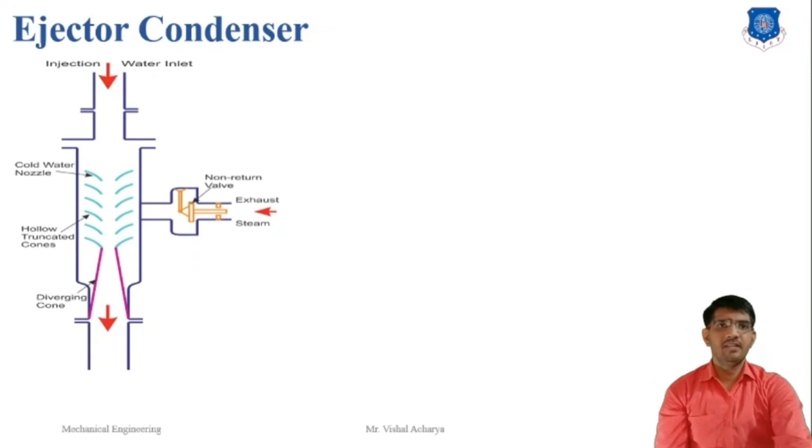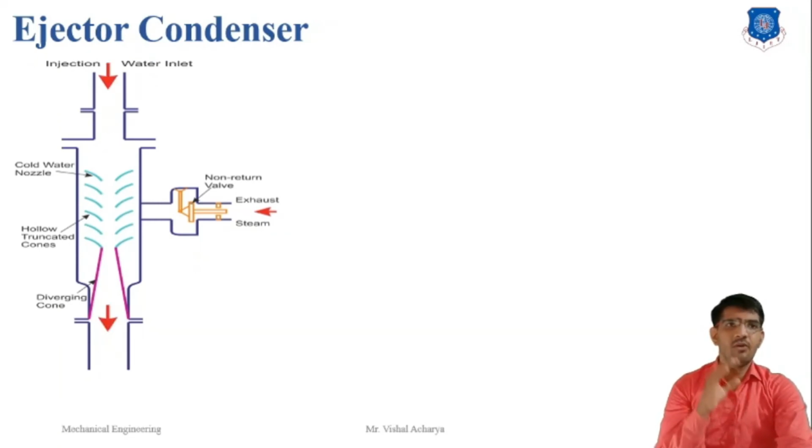The next type of condenser is the ejector condenser. It has a non-return valve through which exhaust steam enters, and hollow truncated cones and a diverging cone. In this condenser, the cooling water is injected at the top and steam enters the condenser through the non-return valve.